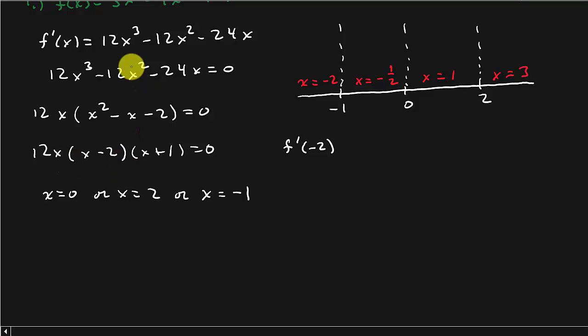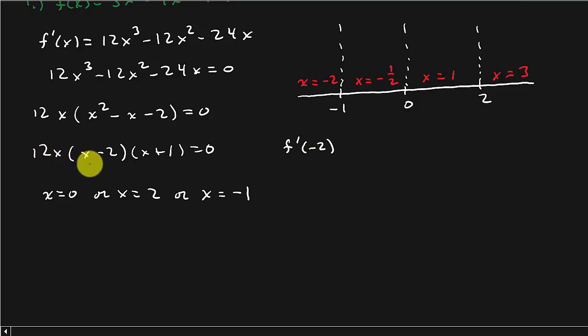This and this are the same thing, it's just that this one's factored. What I like to do is plug the numbers into the one that's factored because it's easier to evaluate, to me. So if I plug the negative 2 in, do you see if I do the 12 times negative 2, that gives me a negative number?